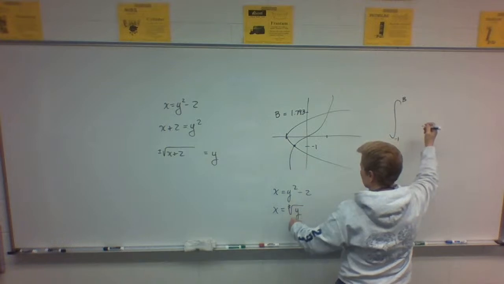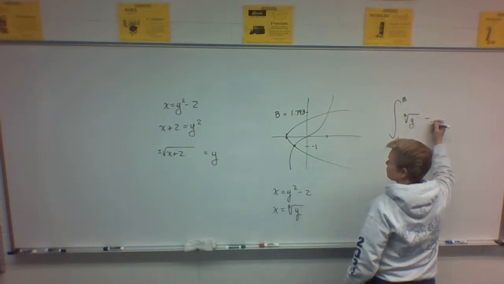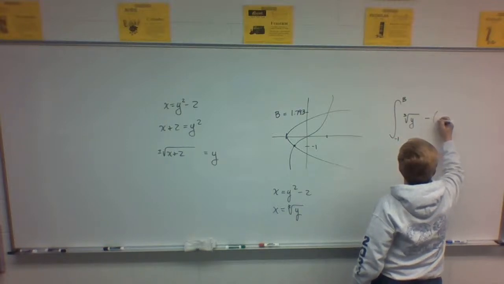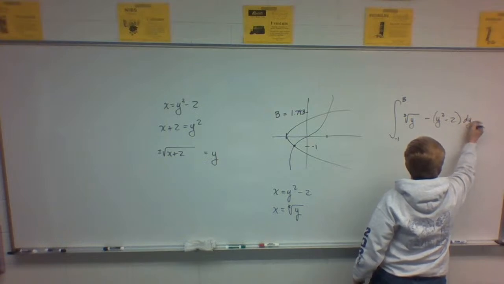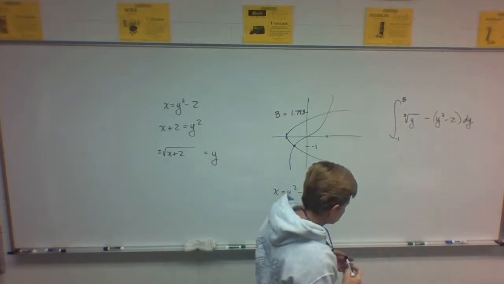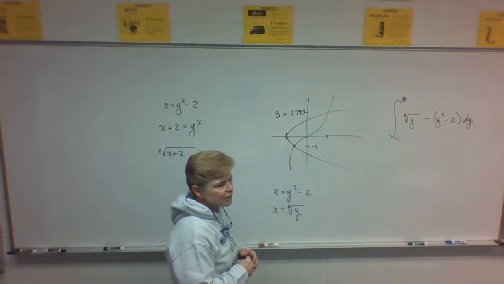Let's see, the cube root 1, minus the parabola. But we need to get one of them into... Oh, we already did. That's what I did right here. This one was handed to me this way. This one was pretty easy to do. I just had to cube root both sides.